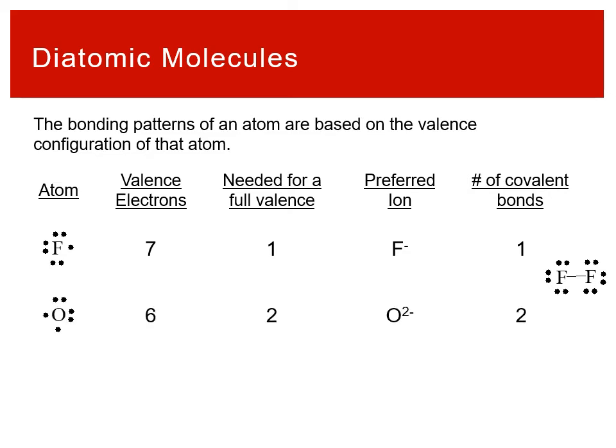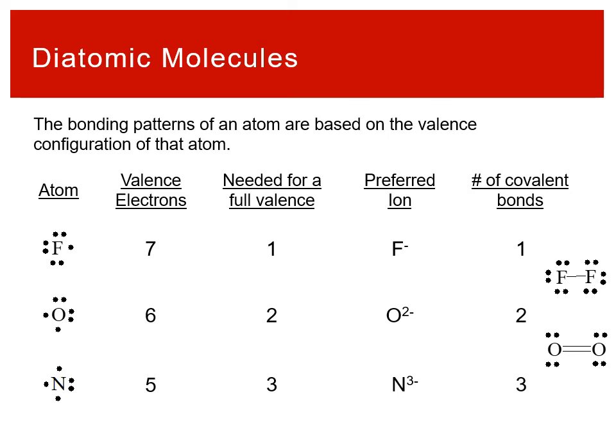A similar pattern follows from oxygen. 6 valence electrons means it wants to gain 2 and become an O2- anion to have a full valence, or it can form 2 covalent bonds. And so we see that each oxygen atom participates in 2 covalent bonds, right? It's 2 with that neighbor oxygen. But they each in that process add 2 more electrons into their valence, bringing them up to a total of 8.